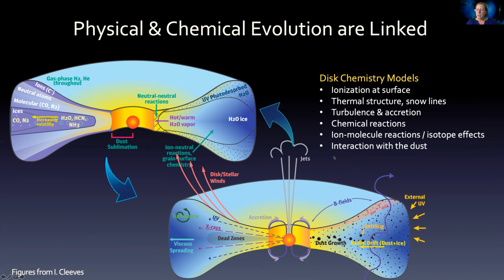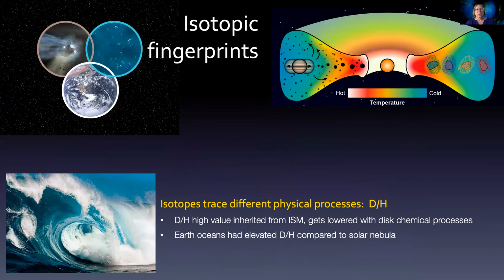So what are we going to use to trace this process? One of the powerful tools for tracing what was going on in this period chemically is to use isotopes, because they're very sensitive to the physical conditions within the disk: the temperature, pressure, ionization states. So one of the earliest ideas to trace the early solar system materials was to look at the deuterium to hydrogen ratio.